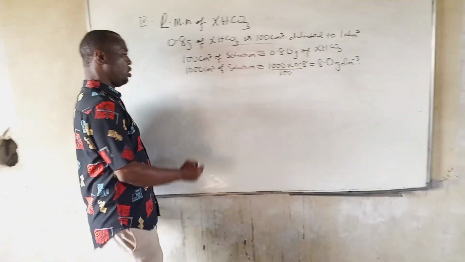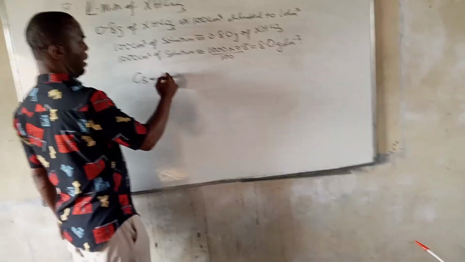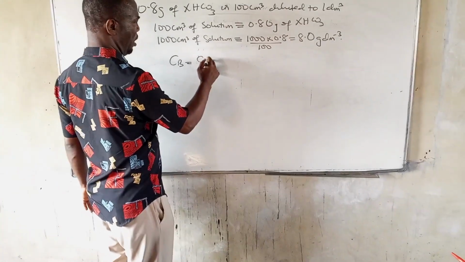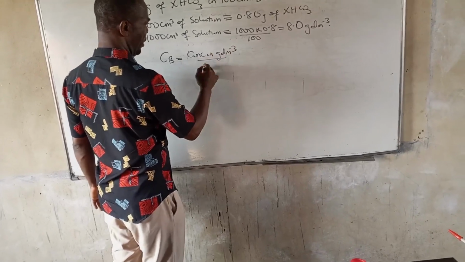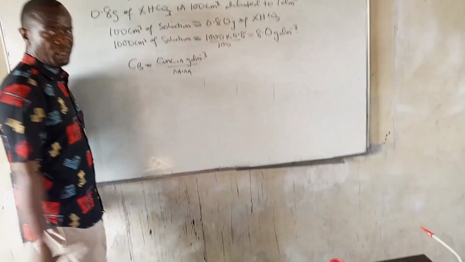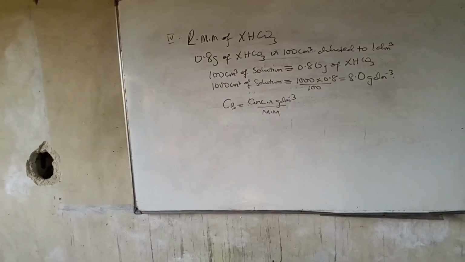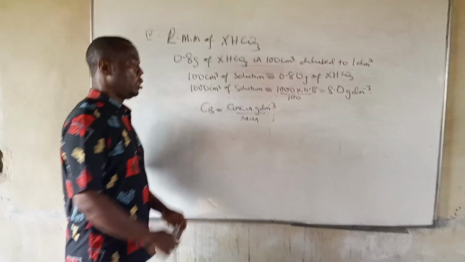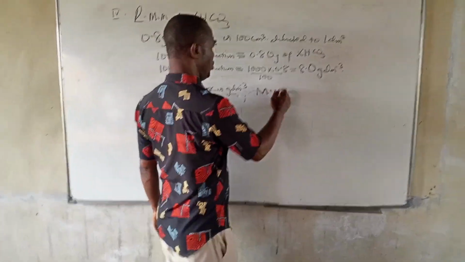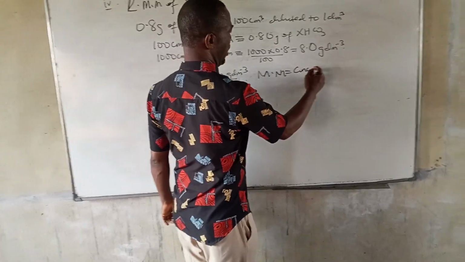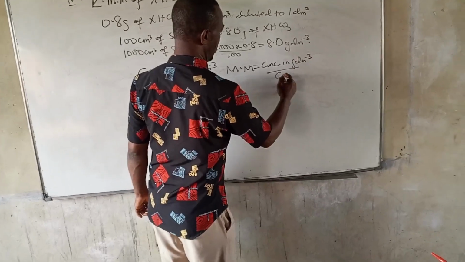I know that the molar concentration CB is given by the mass concentration in gram per dm³ over the molar mass. You make molar mass the subject. So molar mass now becomes equal to the concentration in gram per dm³ all over CB.